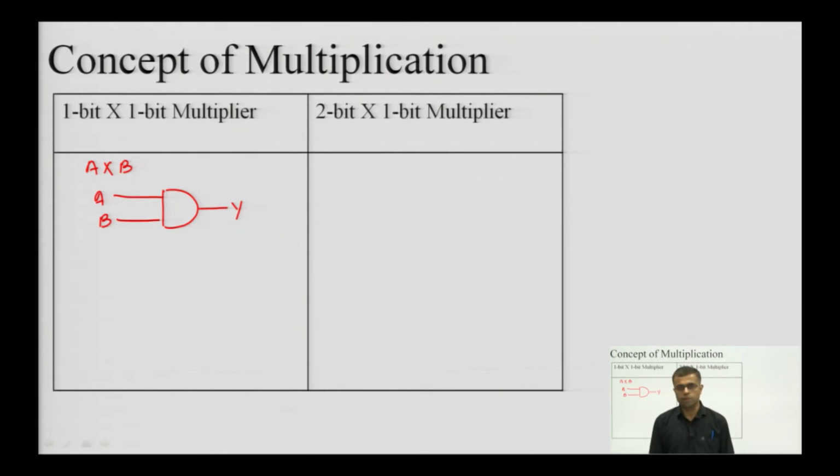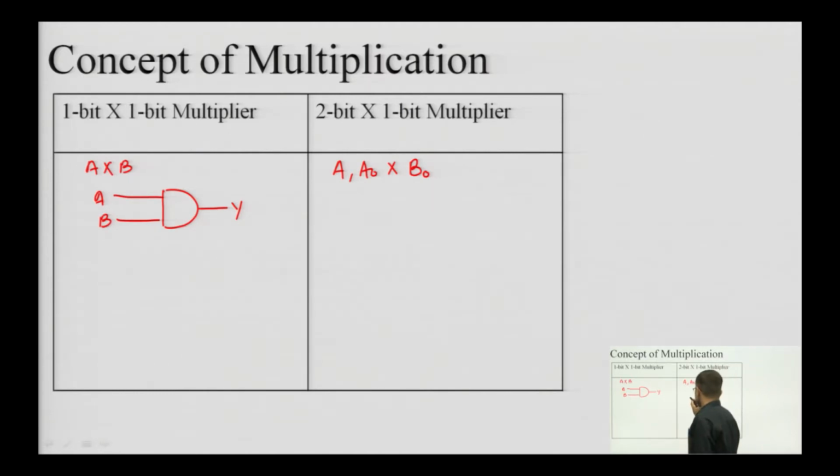Similarly, for 2 cross 1 multiplier, that means there is a number a 1 a naught which is to be multiplied by number b naught. If we have to do this, then we have to use two AND gates.